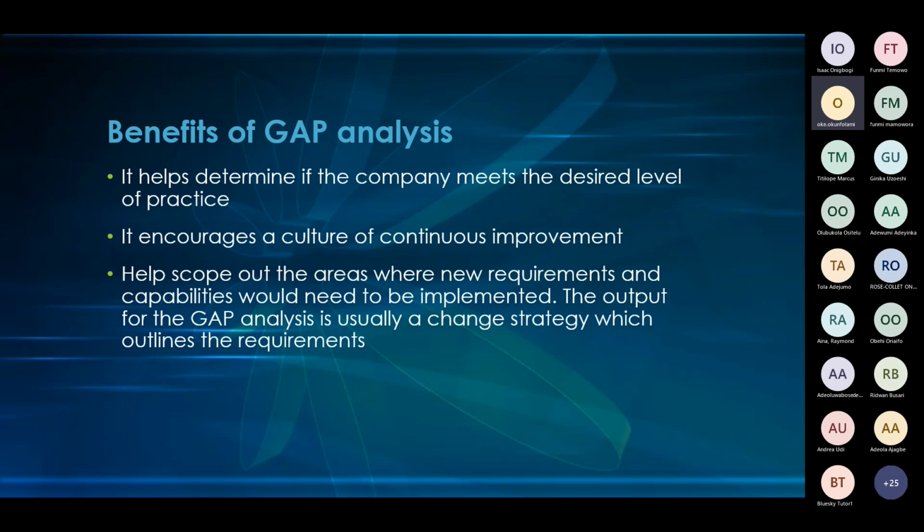So when you've checked your current state, checked your future or desired state, and identified the gap, you would then have an action plan which lists out all the things you need to do to take you from point A to point B, and those will inform your requirements.